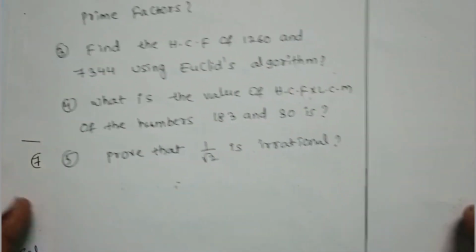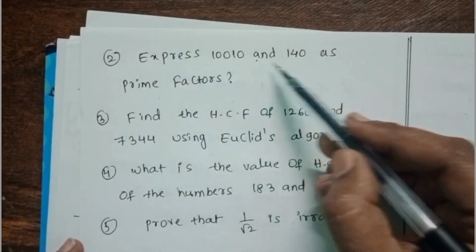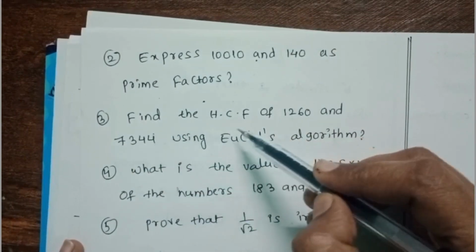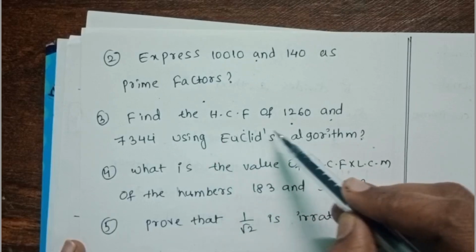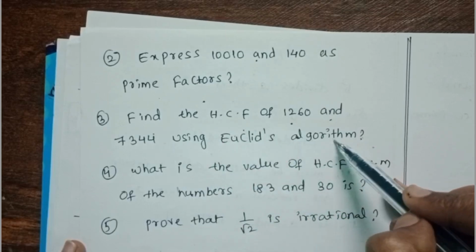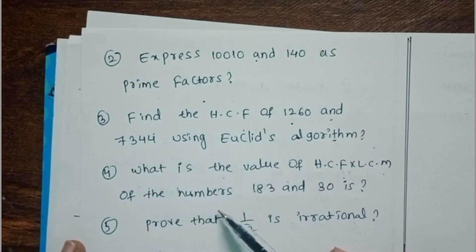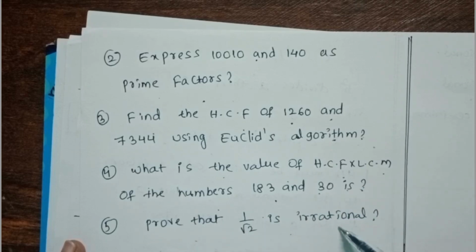Next question, express 10010 and 140 as products of prime factors. Third question, find the HCF of 1260 and 7344 using Euclid's algorithm. Fourth question, what is the value of HCF into LCM of the numbers 183 and 30? Fifth, prove that 1 by root 2 is irrational.